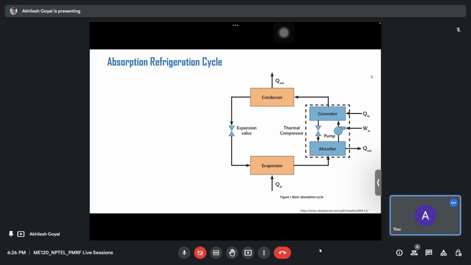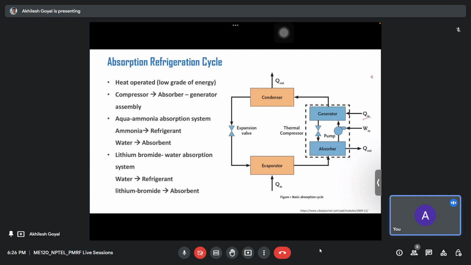First thing. The second thing is, here the Q is given in the form of heat. The energy supplied to this refrigeration cycle is in the form of heat, and heat is a low grade of energy.